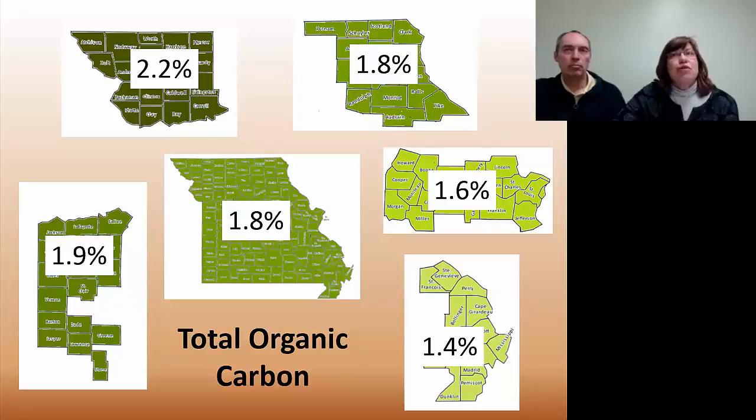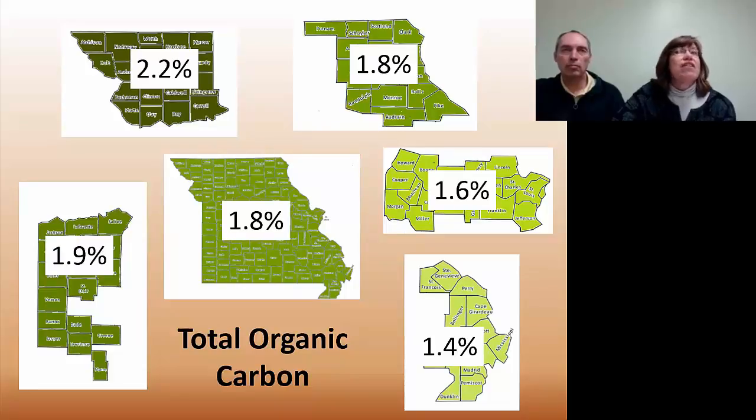Now this will show you an idea of why we did this. As Bianca and a lot of other people would know, when you have a measurement, you need to know what kind of soil you're talking about. So here we've shown different regions in the state showing the average that we got for total organic carbon.